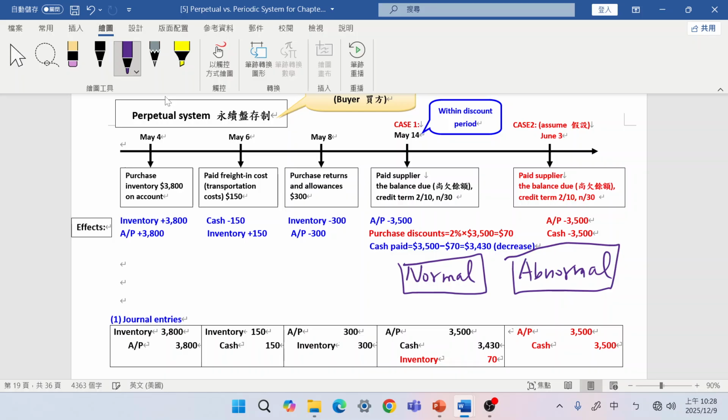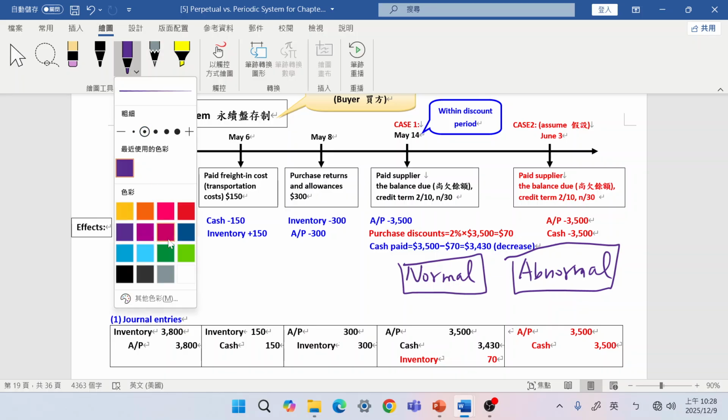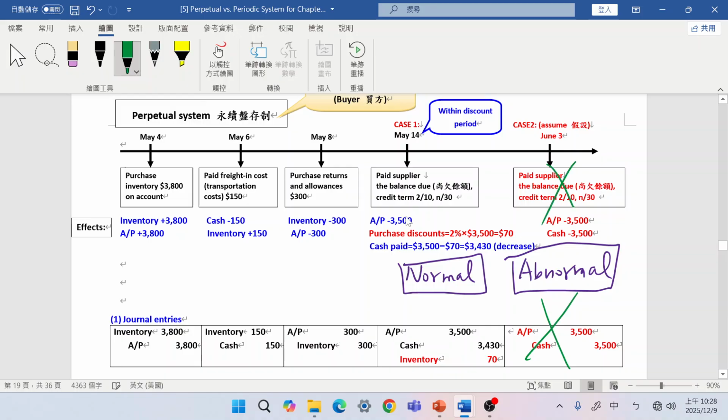Okay? But we focus on the normal case only. So you can ignore the abnormal case right here. Okay? We focus on the normal case.